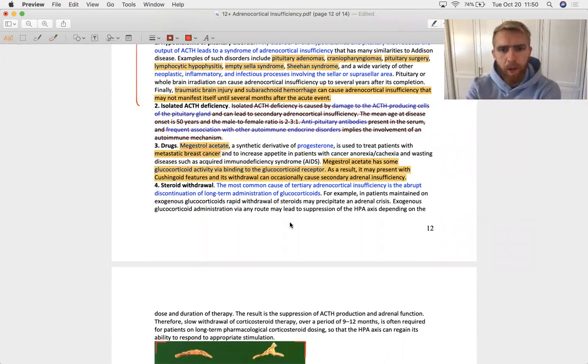Progesterone is going to downregulate estrogen, and some breast cancers are estrogen responsive, so that's why we would be giving a progesterone analog. Megestrol acetate has glucocorticoid activity, binds to the cortisol receptor, and as a result may present with Cushingoid features, and its withdrawal might cause secondary adrenal insufficiency.